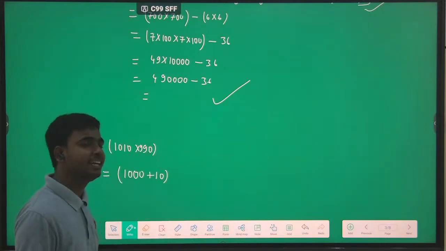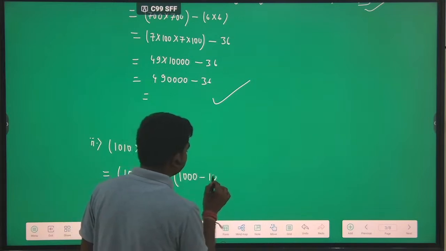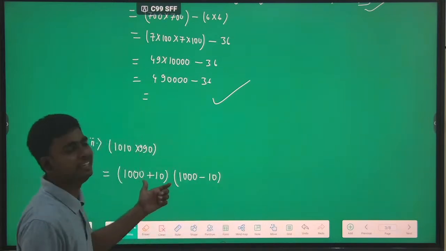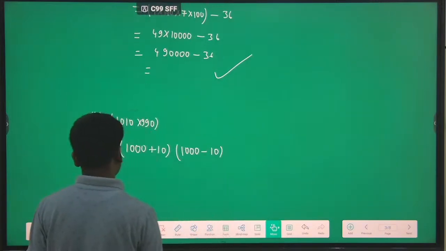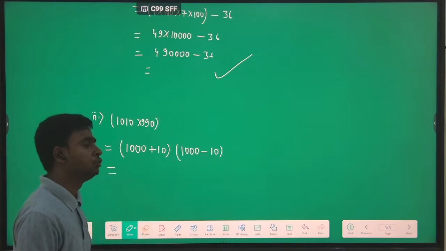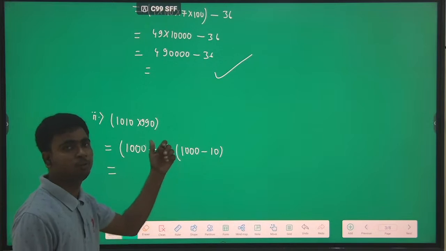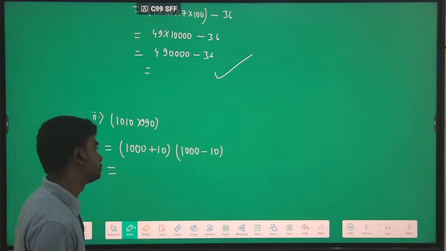Similarly, this 990 can be expressed as 1000 minus 10 in the form of nearest thousand. So what are we getting? A plus b into a minus b. By using the formula a plus b into a minus b is equal to a square minus b square, we can solve this also.